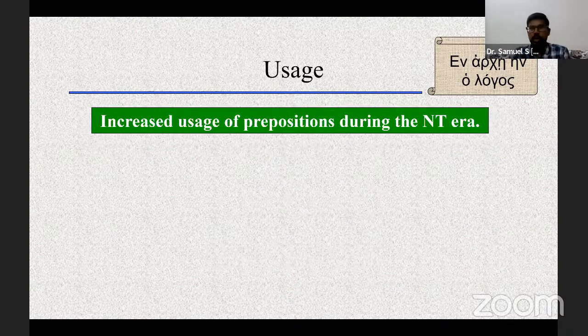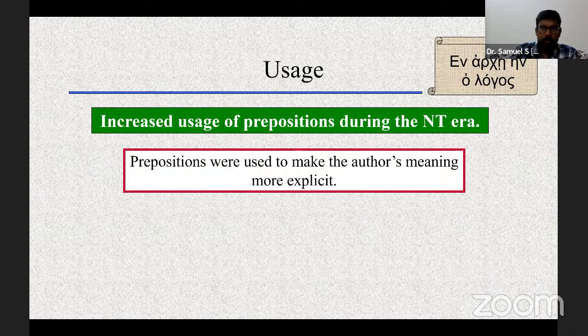In the New Testament era, in all the books that we read in our holy scriptures of the New Testament, there is increased usage of prepositions. You see so many prepositions as you read. As you've been working on your assignments, you've already seen a number of these prepositions.